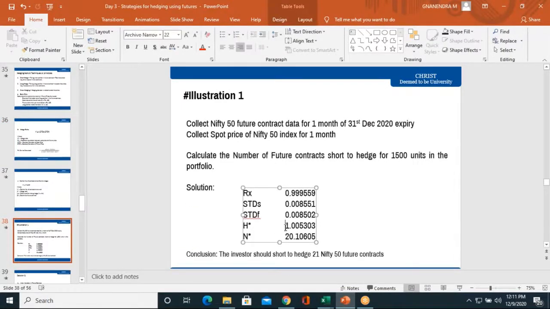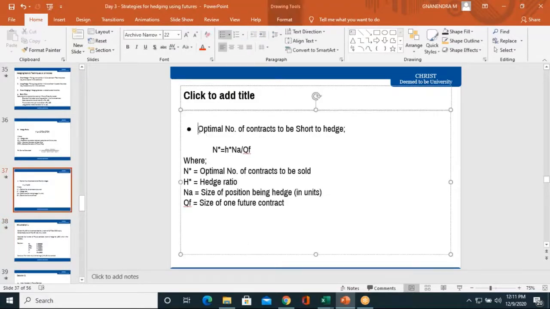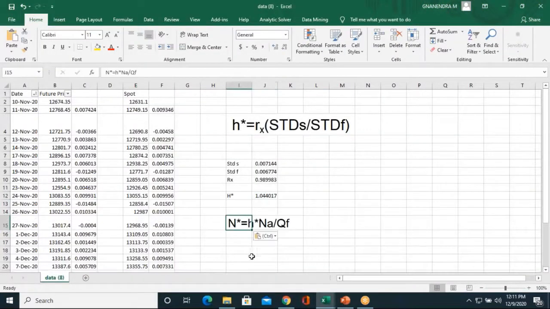1.04 this. Okay, so now I need to calculate N star, how many number of contracts required to hedge. Okay, for this the equation is, I will write here N star.